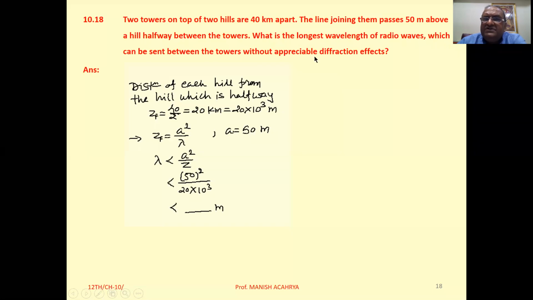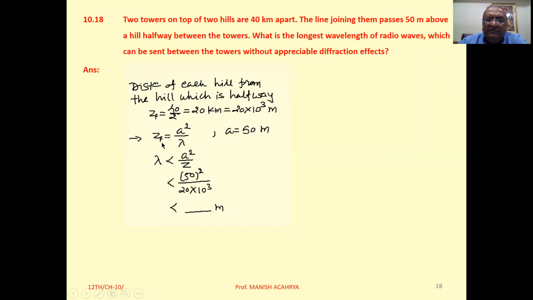The distance that is given to you, 50 meter, that is a. Now, 40 kilometer is given between the two towers and the hill is midway. It implies that the distance of each tower from the hill which is halfway is 20 kilometer, 20 into 10 raised to 3 meter.